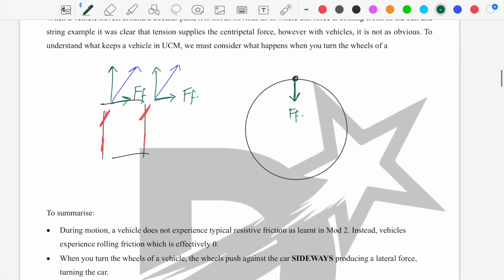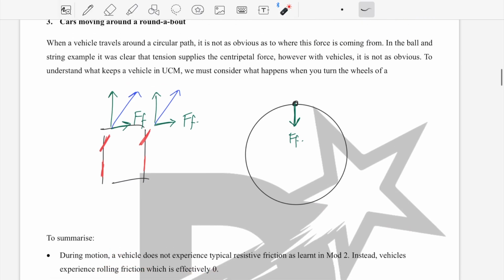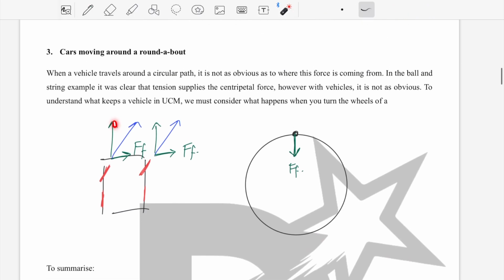So to summarize, during motion, a vehicle does not experience typical resistive forces like the ones you saw in Module 2. Instead, vehicles experience what's called rolling friction, and rolling friction is effectively zero. However, when we talk about rolling friction, we're talking about the vertical components, but don't worry about that.